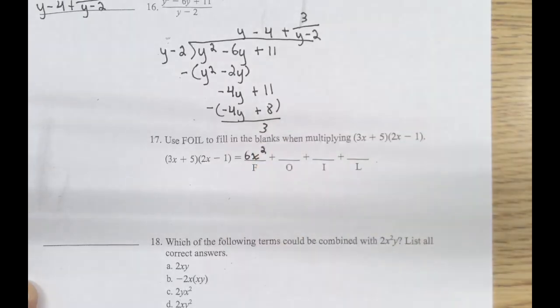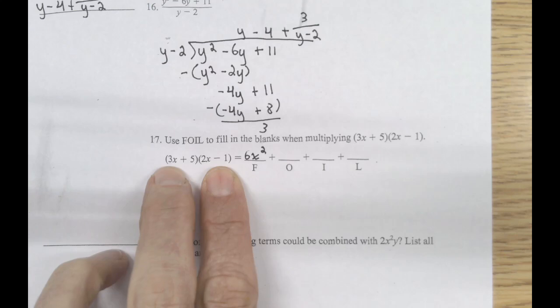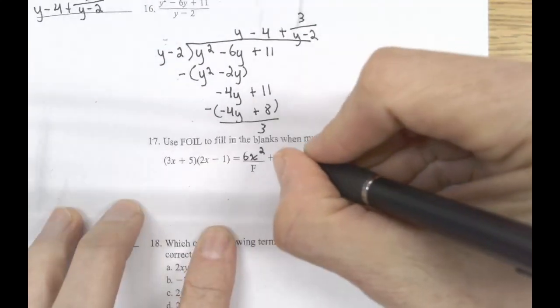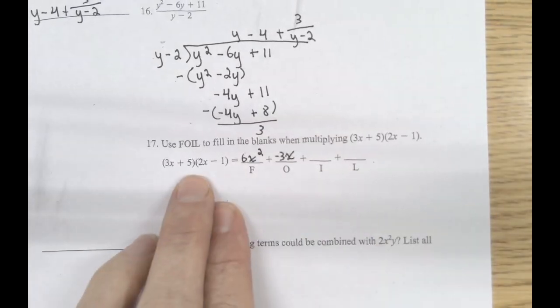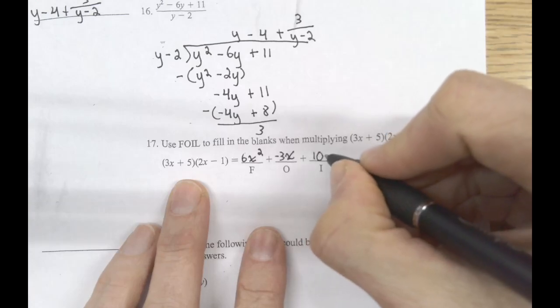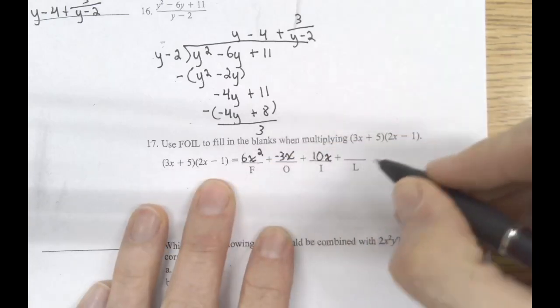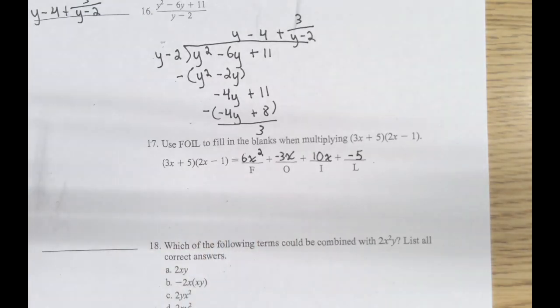Now O means we're going to do the outer, so that's going to be 3x times a minus 1, or a minus 3x. Inner is going to be the 5 times the 2x, or just 10x. And then the last will be 5 times negative 1, and that's going to give us a minus 5. And that's all you have to do for 17.